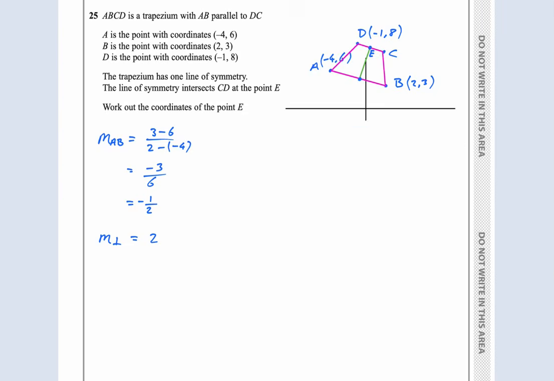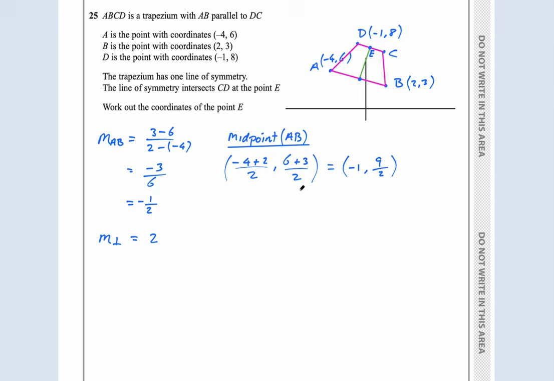Before I do that, I need the midpoint. So midpoint, I'll just put A, B in brackets. The midpoint of AB is x2 plus x1, so that's minus 4 plus 2 over 2, comma 6 plus 3 over 2, which is minus 1, comma 9 over 2.